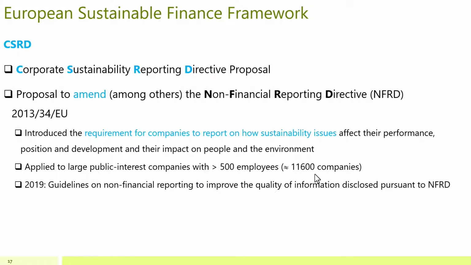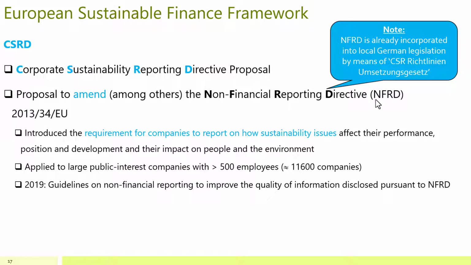But in 2019, the European Union published some guidelines, especially on this NFRD. Why? Because they noticed every company is doing it differently. This reporting, these non-financial reportings, they are not really comparable, and they want to improve it.